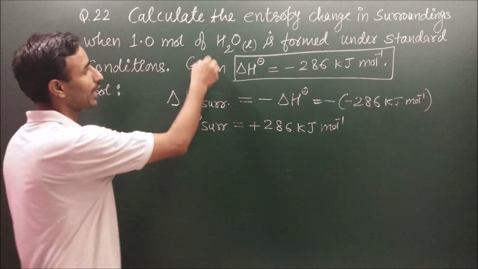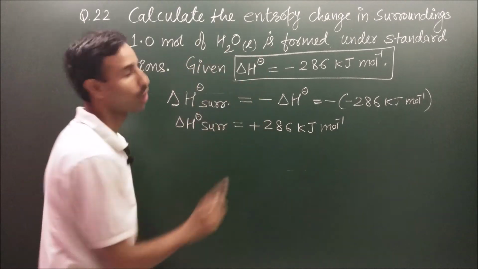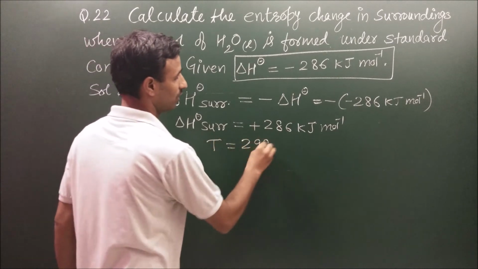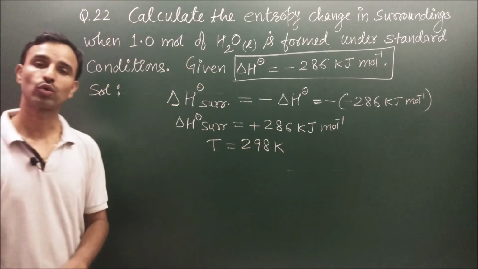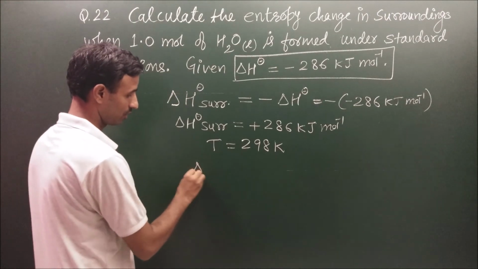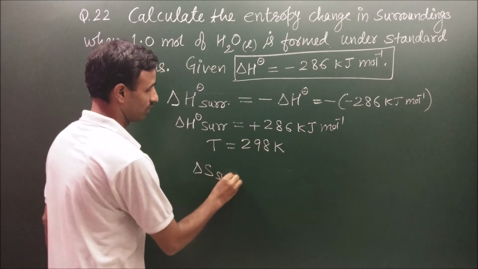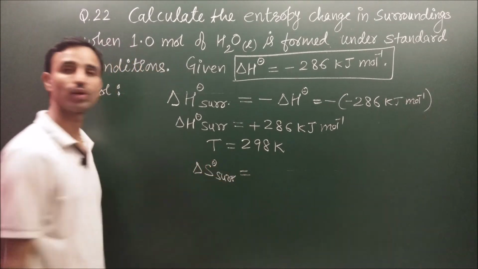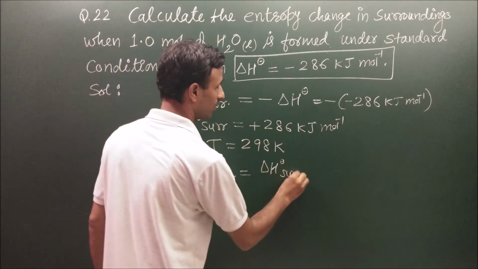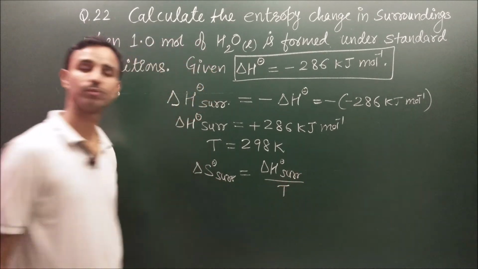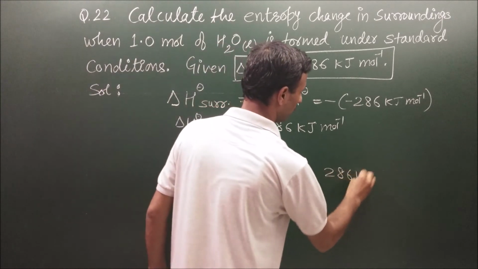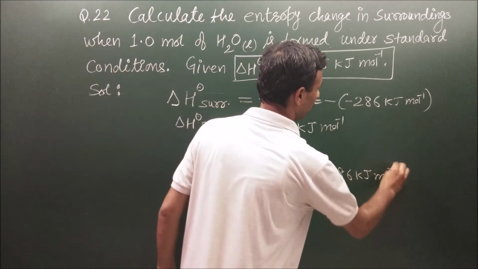Now, temperature is not mentioned, but you know, under standard conditions, temperature is taken as 298 Kelvin, and as per the equation, delta S of surrounding is equal to delta H naught of surrounding divided by T. And what is delta H surrounding? It is 286 kilojoule per mole.